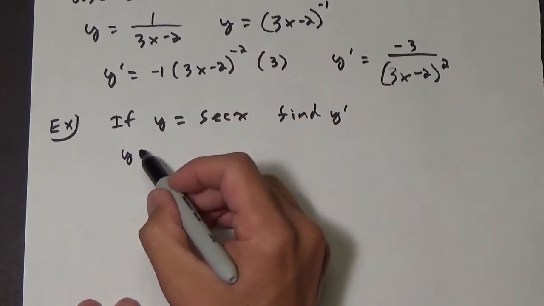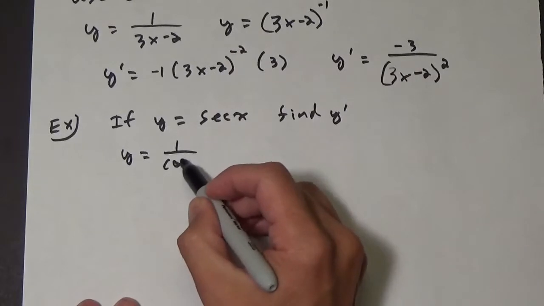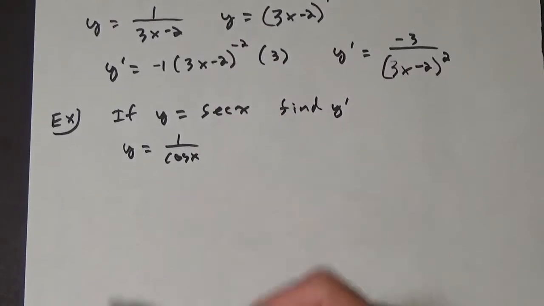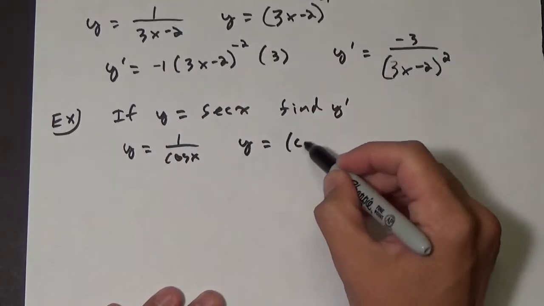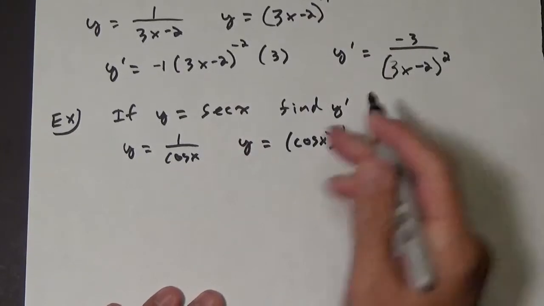So we had y equals 1 over the cosine of x. And when we took the derivative, we only had the quotient rule, so we used the quotient rule for that. But now let's see what happens if we use the chain rule. So we could rewrite this to be y equals the cosine of x to the negative 1 power.